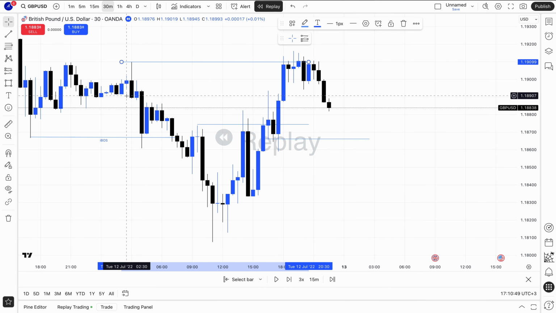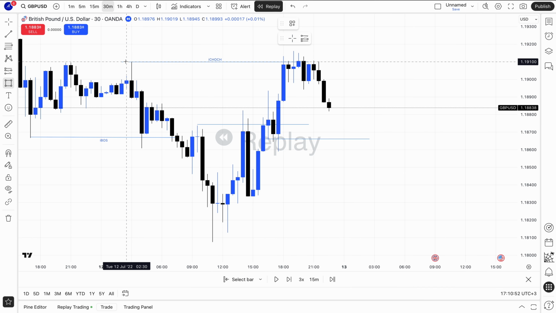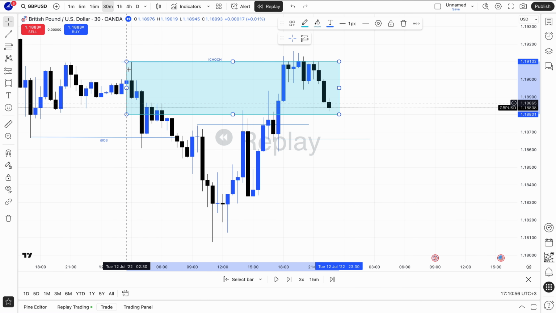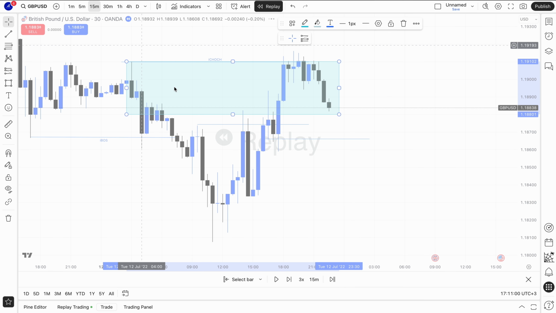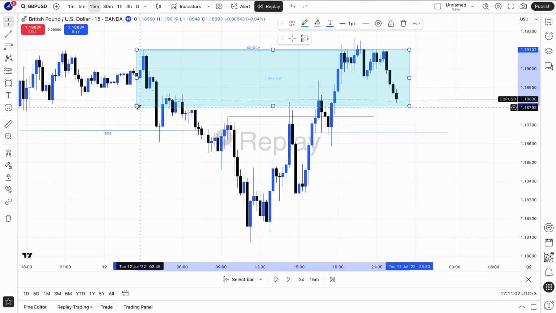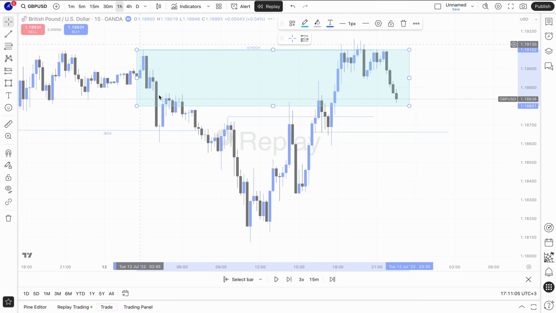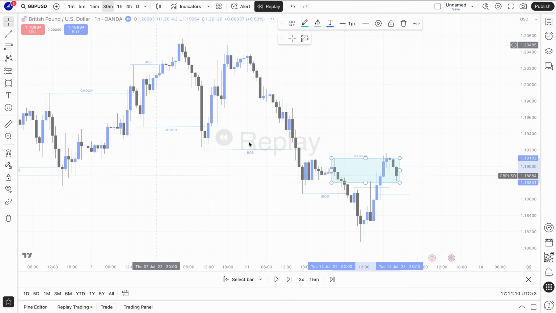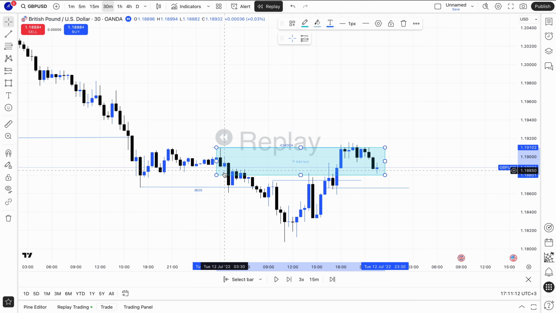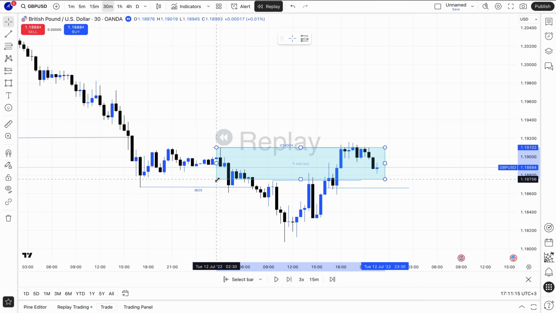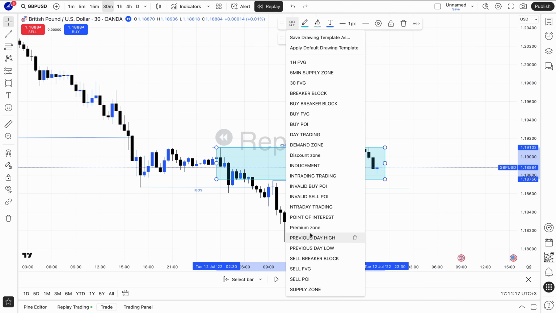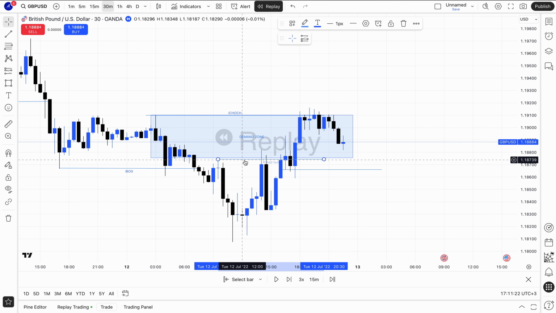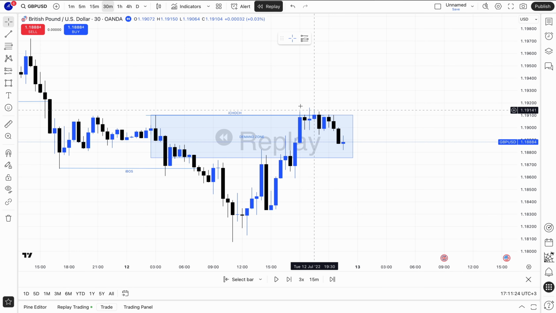Have a break of structure to the upside. And then let's go to 15 and see. This breaker block, was it 1 hour? Was it 30 minutes? Yeah. We need to have a clean.